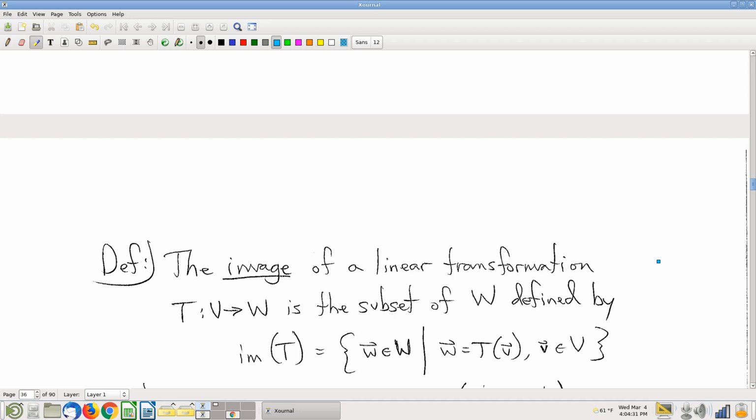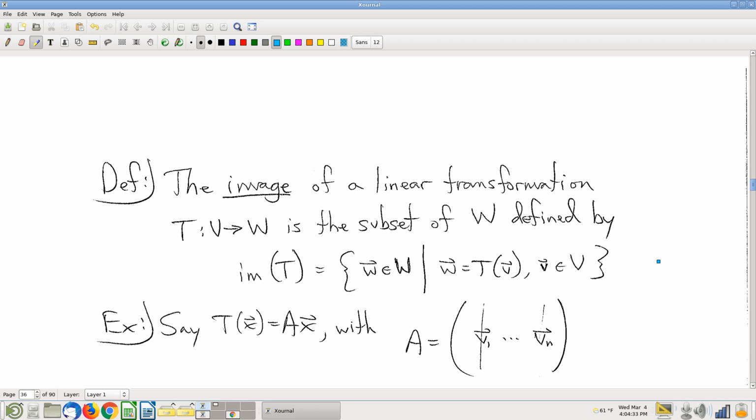Okay. And let's apply that now again to this old function that we now know is a linear transformation. A quick reminder, you all are going to prove, right, that this is a linear transformation. Okay. So let's talk about the image of this linear transformation. Reminder, if it's a matrix, I can talk about its column vectors.